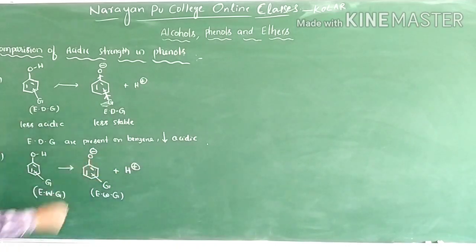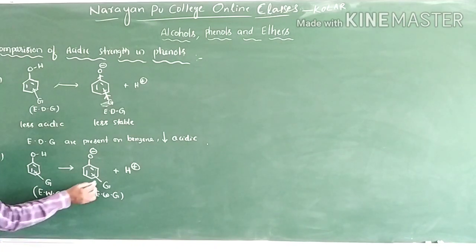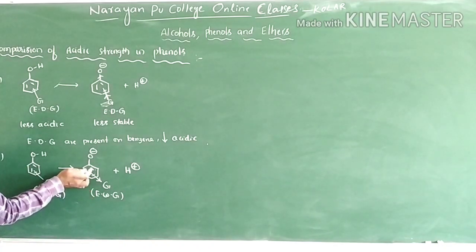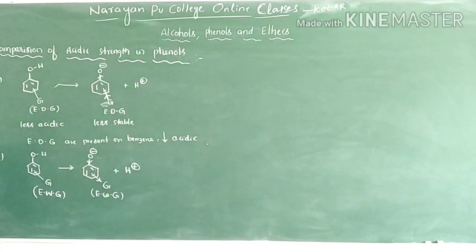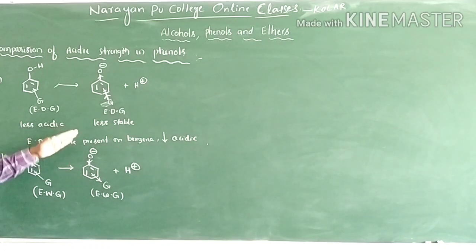See the stability of this ion. If it is more stable, this phenol is more acidic. Now this is an electron withdrawing group. It withdraws the electrons from benzene. If the group is withdrawing the electron, benzene withdraws the electron from oxygen. So on the oxygen, electron density decreases, because the electron density on the oxygen is taken by benzene.